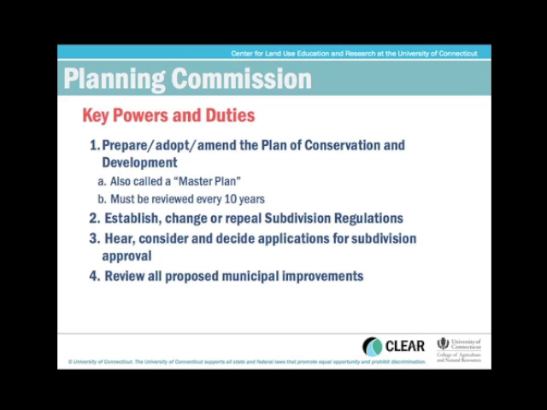The Planning Commission is allowed to comment on that, and the basis of all of the Planning Commission's review and comments, if it's not under subdivision, is the Plan of Conservation and Development. So the Plan of Conservation and Development is a key guide for you to do your reviews and provides guidance for that.